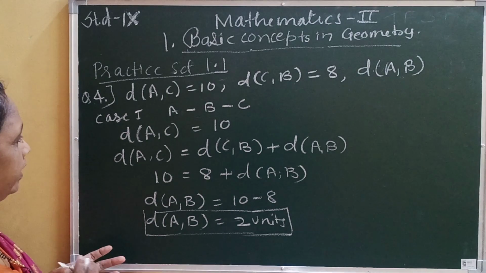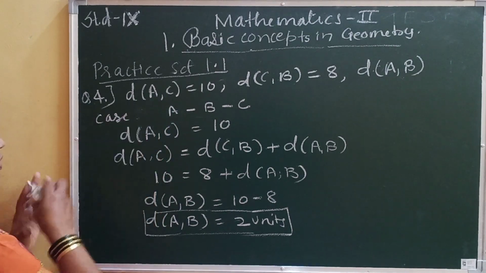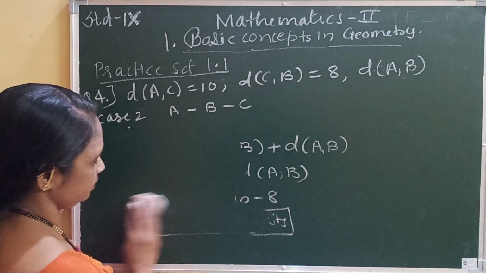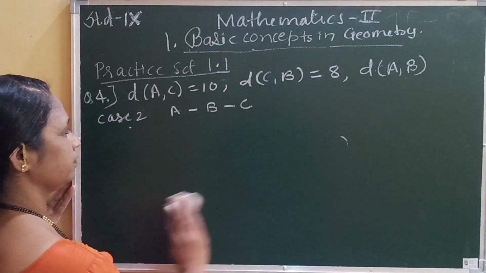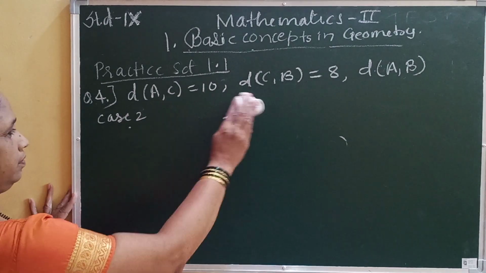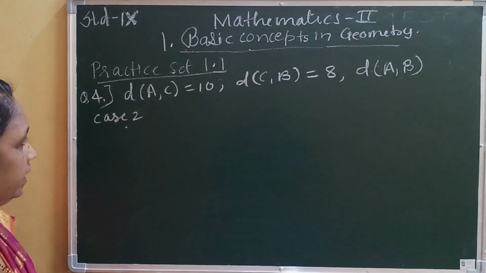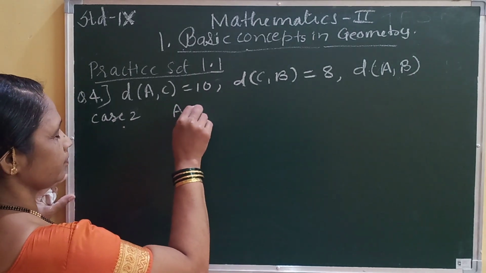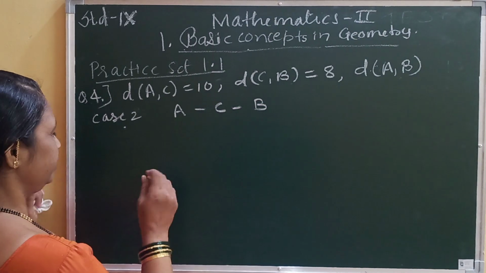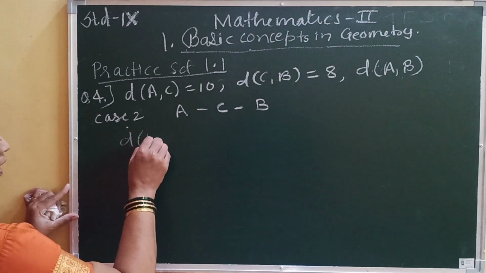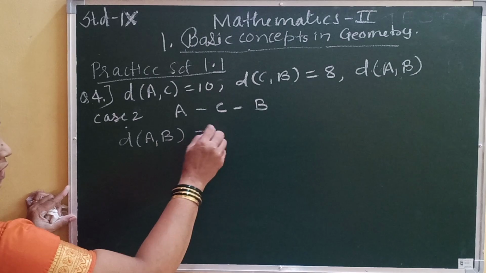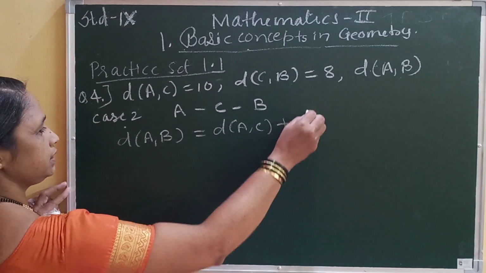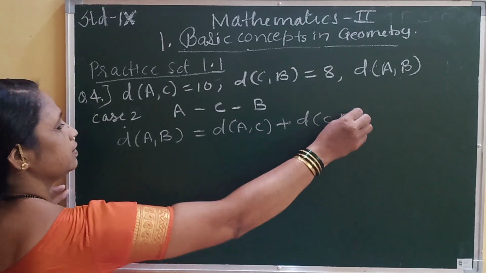Now next case, see, second case. Case number 2, here distance AB will be equal to distance AC plus distance CB.